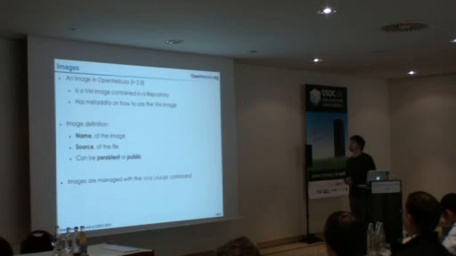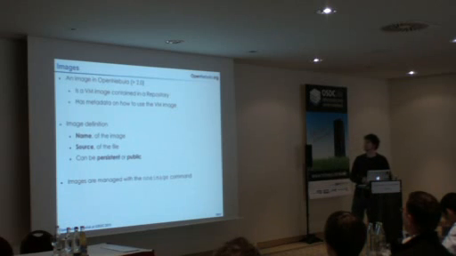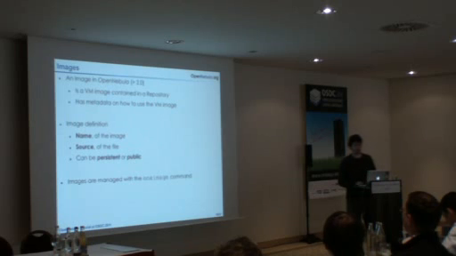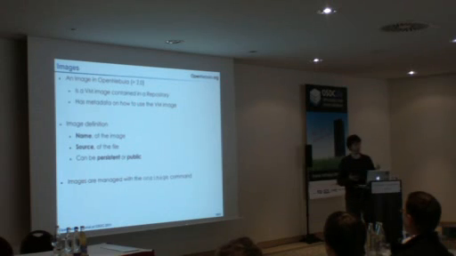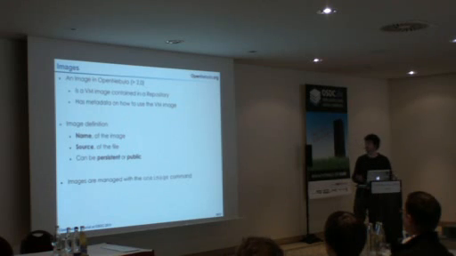Okay, so an image in OpenNebula is basically an ISO file contained in a repository, along with a set of metadata that is going to help OpenNebula to use this image correctly, like, for instance, the desired target of the image, like where it's going to end up in the virtual machine, like in dev sdc or things like that.